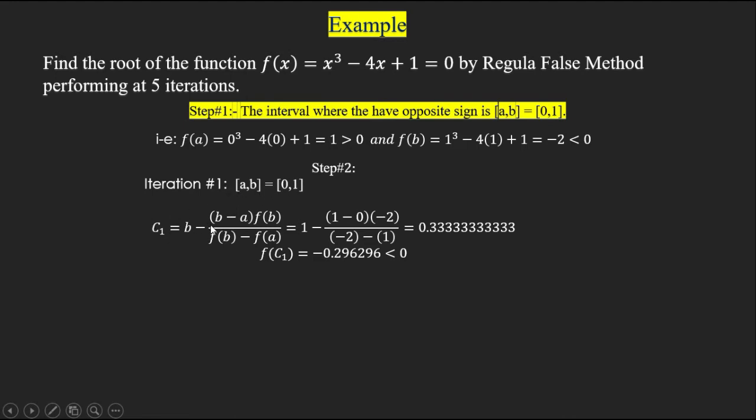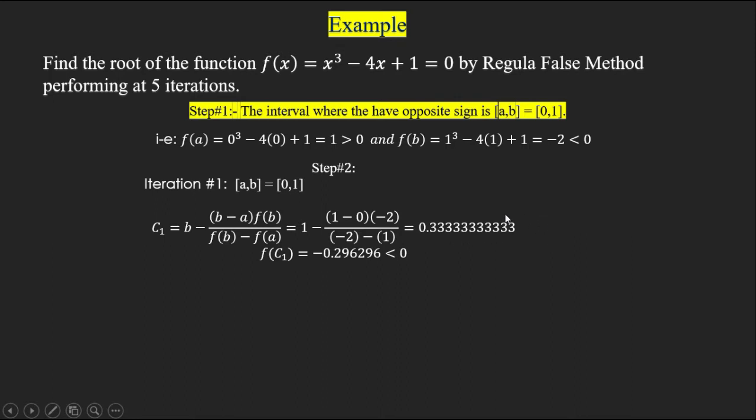So C1 will be equal to B minus (B minus A) into f(B) divided by f(B) minus f(A). Now here A is 0 and B is 1. By substituting the values, B is 1 and A is 0, and f(B) is minus 2 and f(A) is 1. By substituting the values of f(B) and f(A), we will get this value.